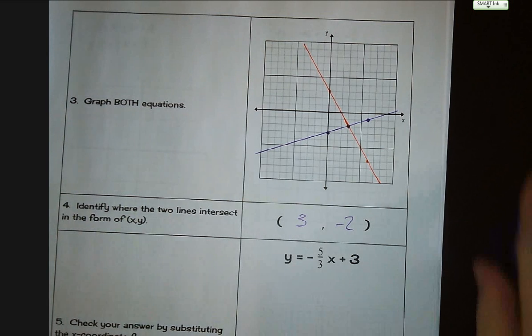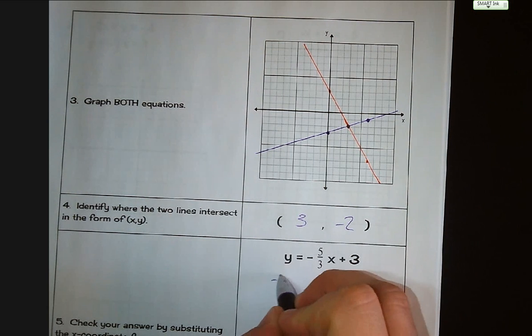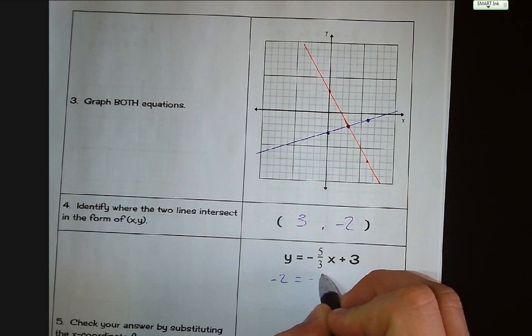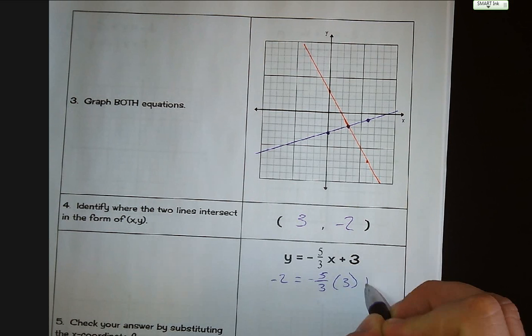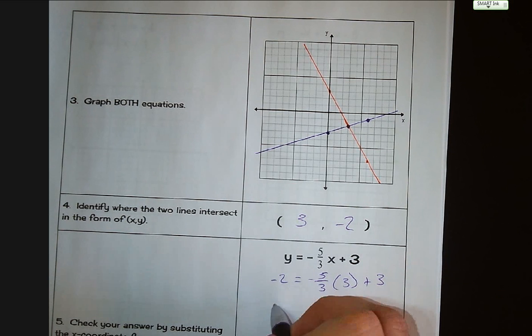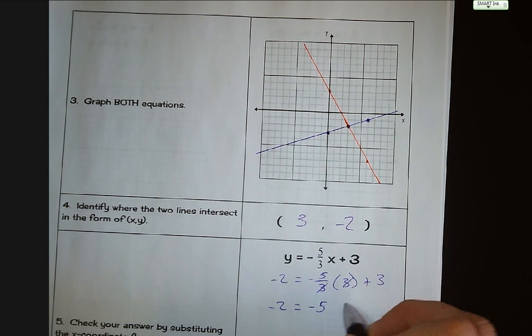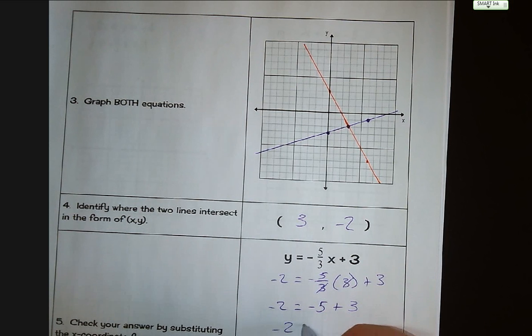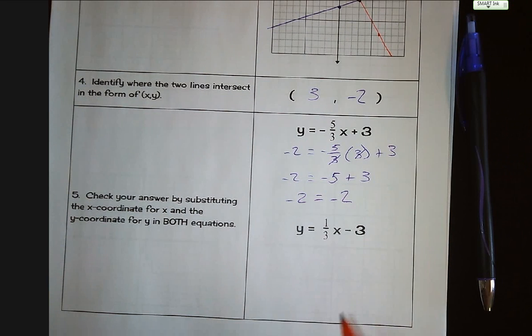So we want to check to make sure they work, so we're going to plug it into both equations. So negative 2 is equal to negative 5/3 times 3 plus 3. So negative 2 is equal to negative 5 plus 3. So negative 2 is equal to negative 2. That is correct. In the wrong color, but... yeah, that's all right.